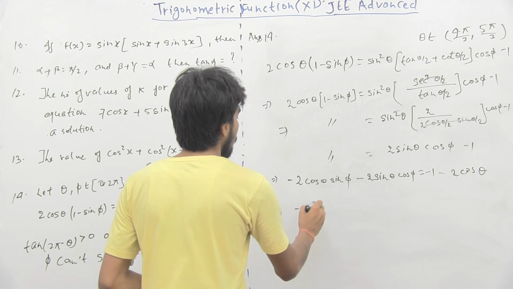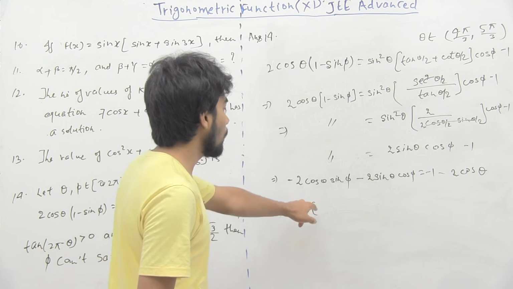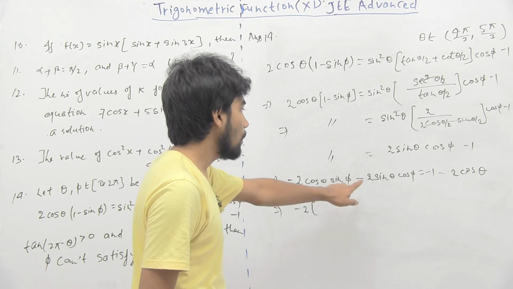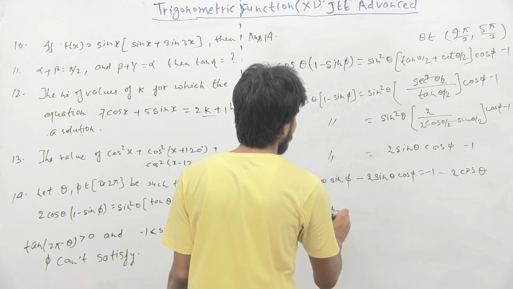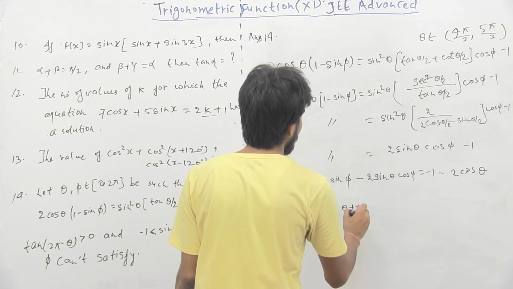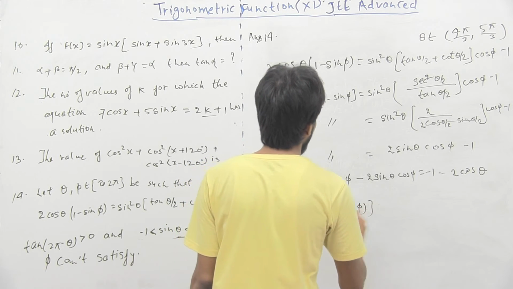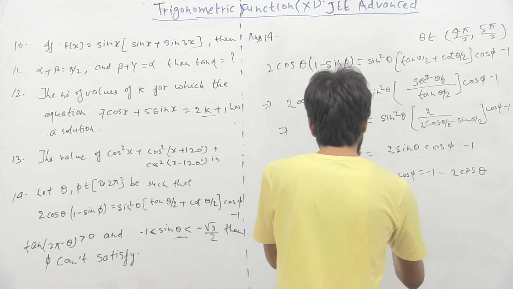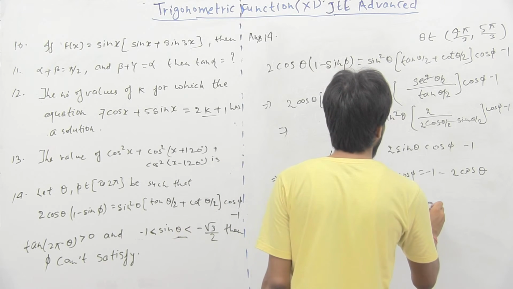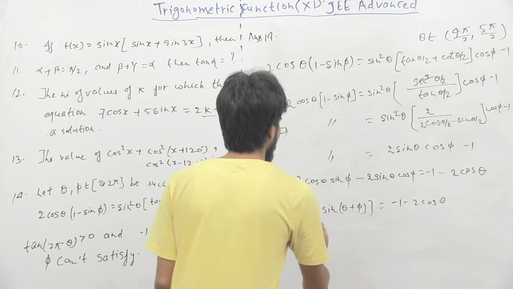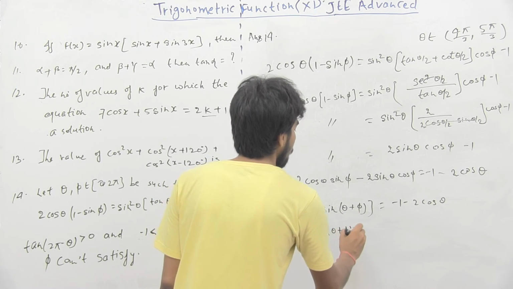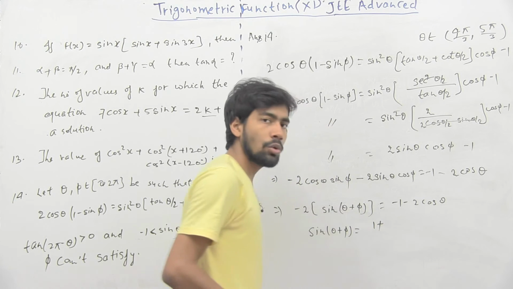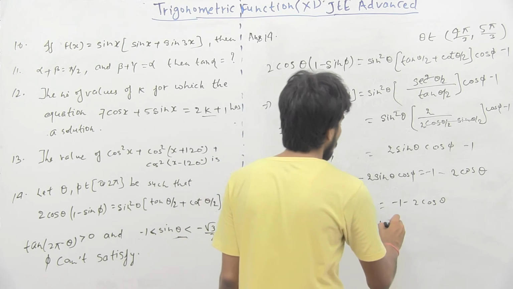Now take minus 2 as common, now we see that it is cos θ sin φ minus sin θ cos φ. It is in the form of sin(θ plus φ). So what is the value of sin(θ + φ)? It will be equal to (1 plus 2 cos θ) by 2.